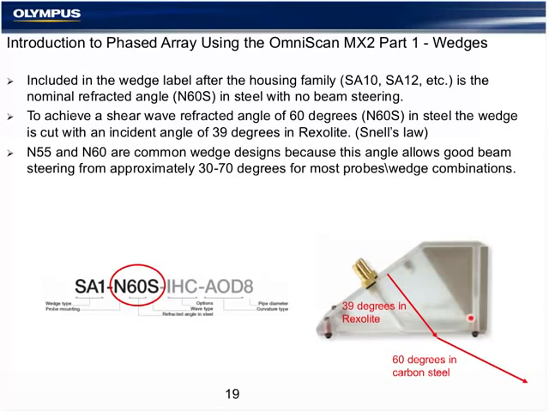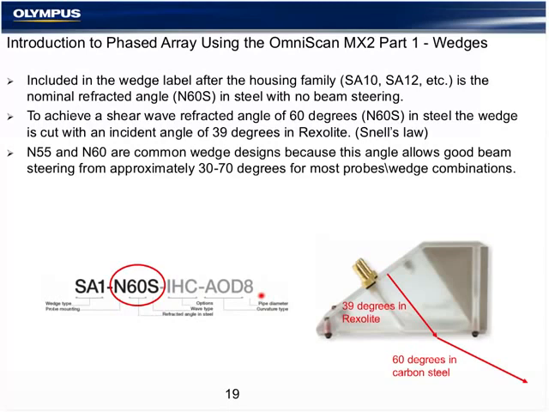a conventional UT. And again, our nominal 60-degree shear wave designed for the SA1 housing, these are the scanner options for water ports or mechanical feet that prevent the wedge wear on an automated scanner, and then the orientation or the cut of the wedge.